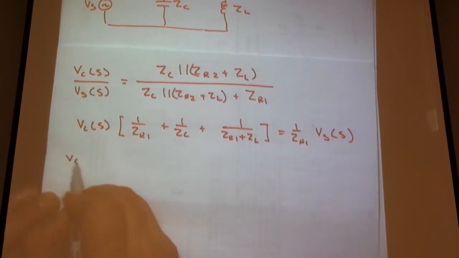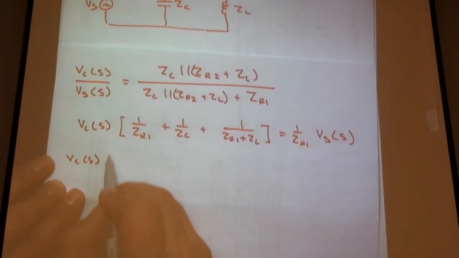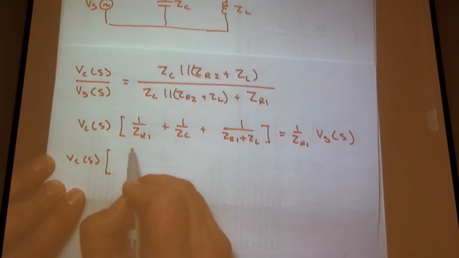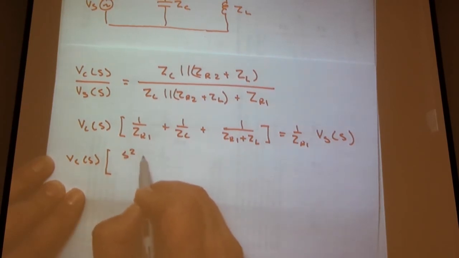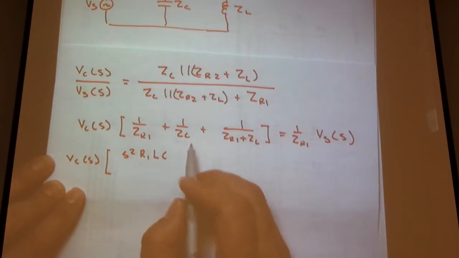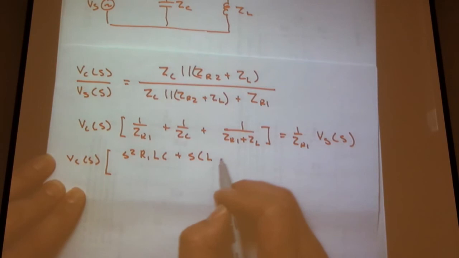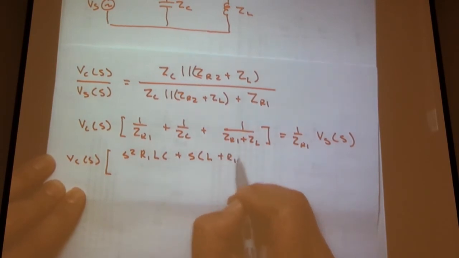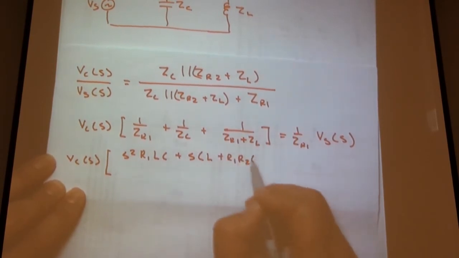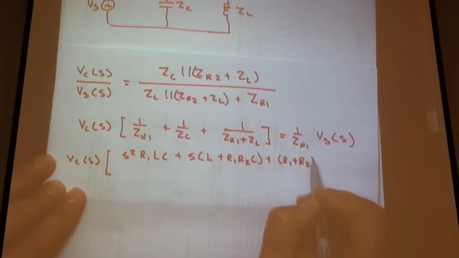This winds up being something along the lines of VCS. Once I clean it up to get it into a form that's more polynomial, just like we did before, R1, R2C plus R1 plus R2.